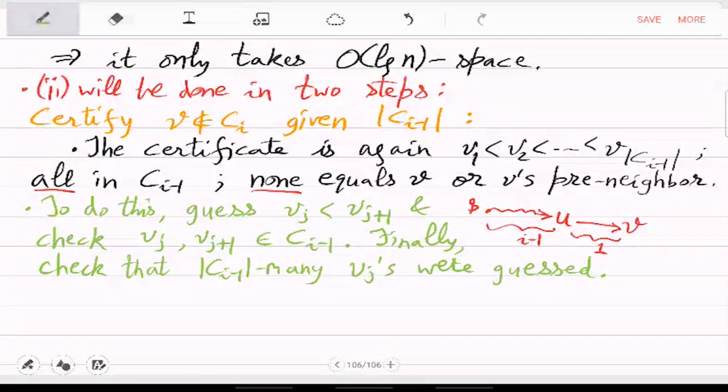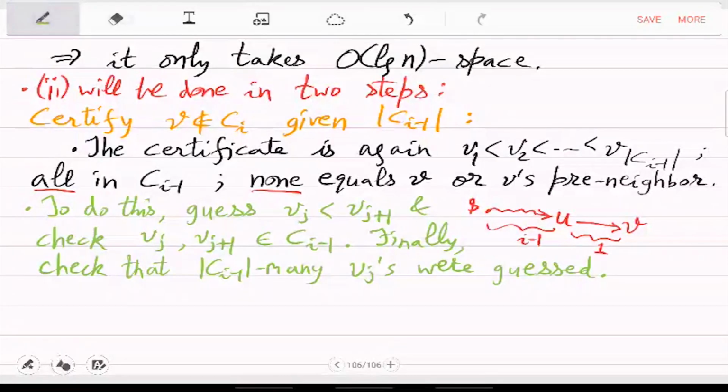They are not being stored in the workspace; they are being guessed one by one and checked that every guess is in Ci minus 1, and that Ci minus 1 many Vj's were actually guessed. So we guessed everything, and that's a certificate that V is not in Ci.